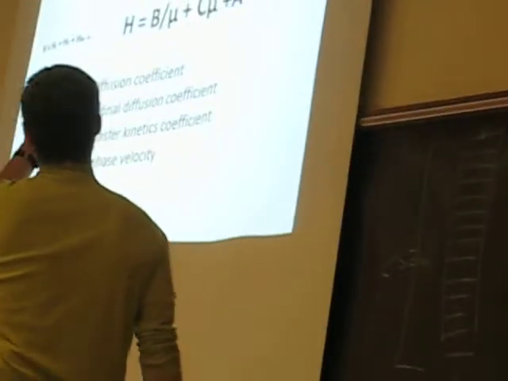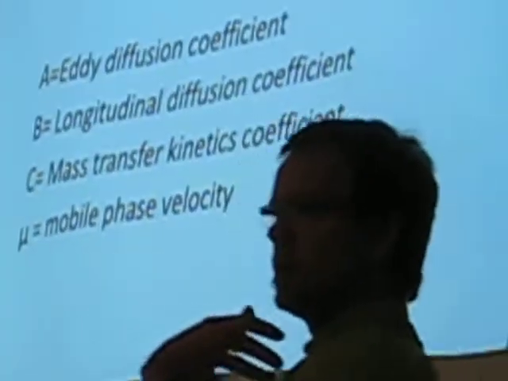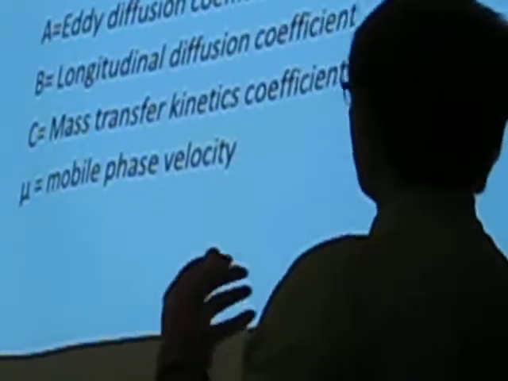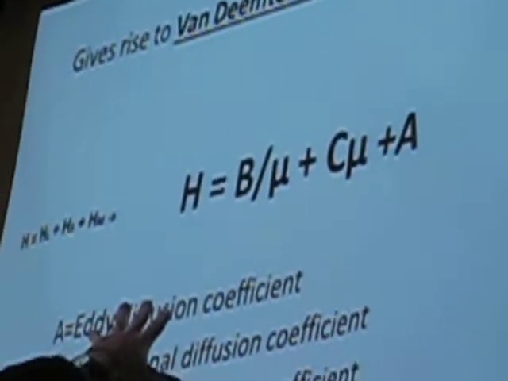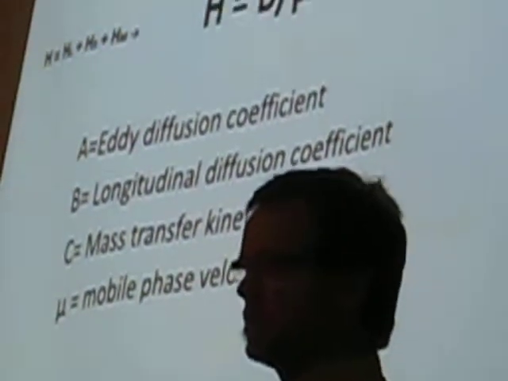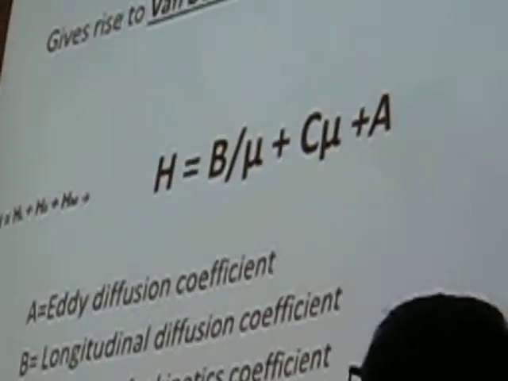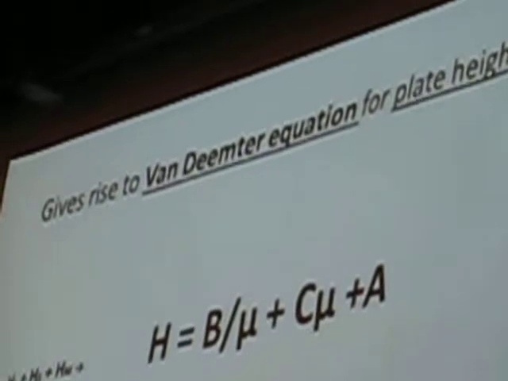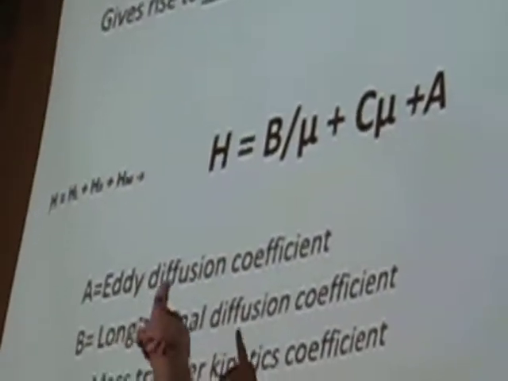If we ignore that and look at the other terms that help describe the separation process and the plate height construct, we can rearrange this into something that's actually a determinable equation, which has been termed the Van Deemter equation. In the Van Deemter equation, we are being mindful of these processes that affect the separation efficiency.